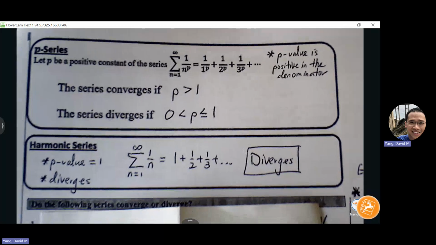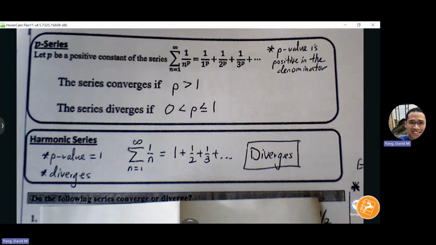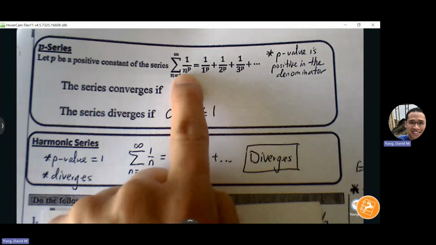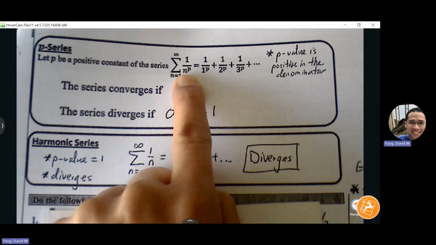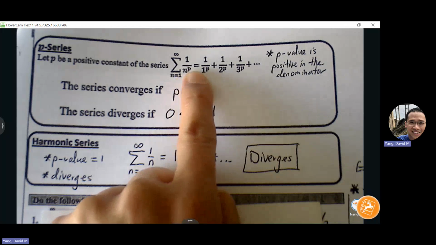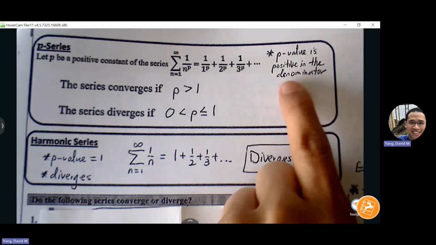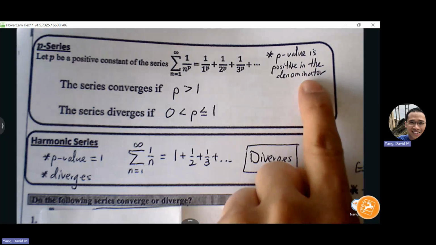So P series is: let P be a positive constant of the series in the form of 1 over n to the P. So n is going to be your variable. So you have a variable raised to a given constant. Now we ought to make sure that our P value is positive in the denominator in order to do this test.